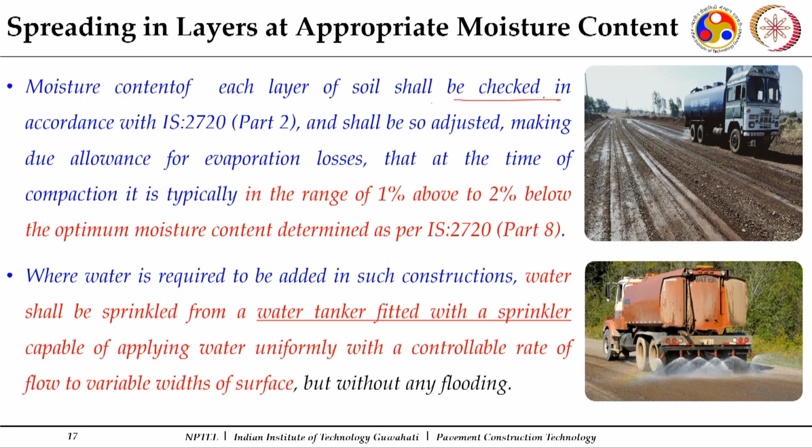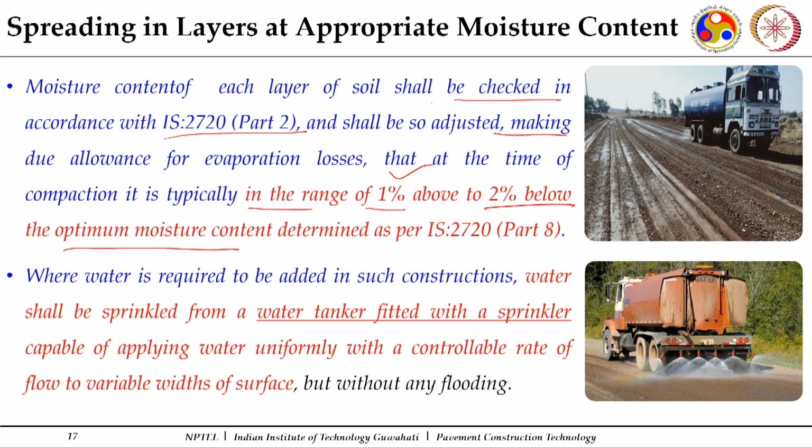Then the requirement comes to see what is the current moisture content in that particular soil. So, moisture content of each layer has to be checked in accordance with IS 2720 part 2 and shall be adjusted, to achieve a range of 1% above and 2% below the optimum moisture content, because there may be some loss of moisture due to evaporation.